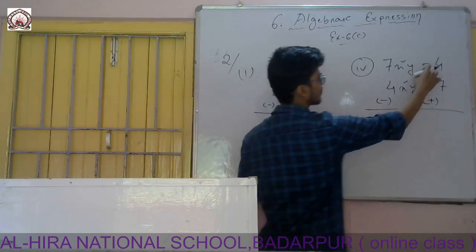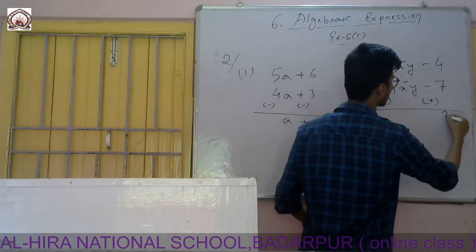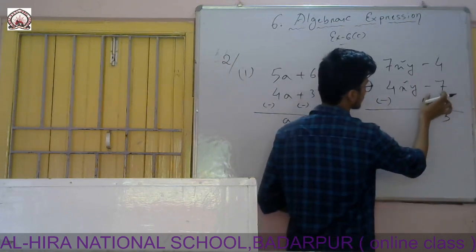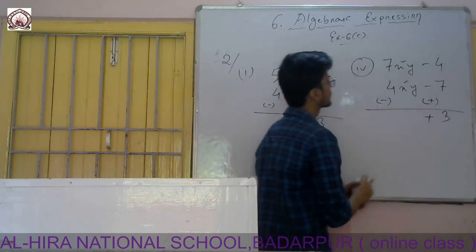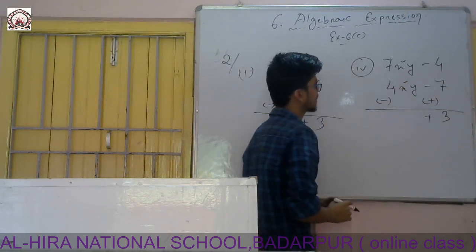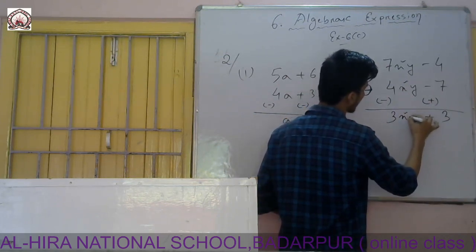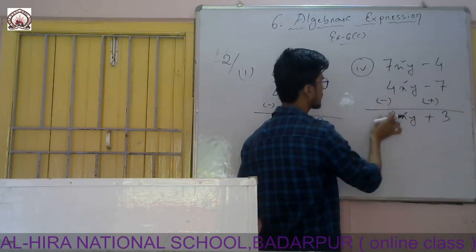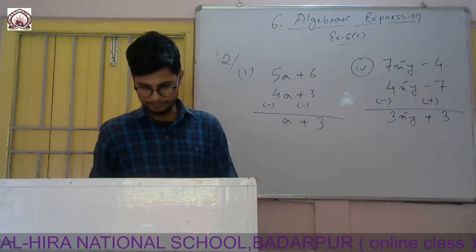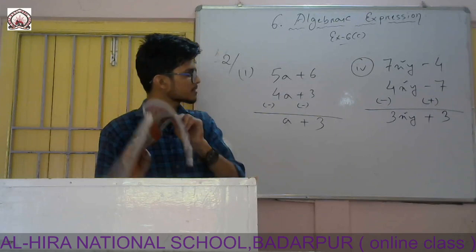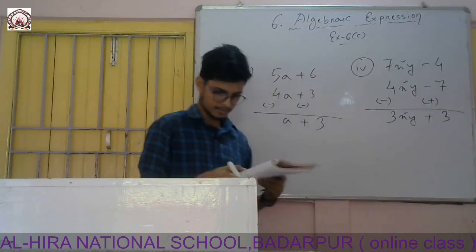So minus plus it is minus. 7 minus 4 is 3, and since 7 is greater, I will put plus sign. Again plus minus it is minus. 7 minus 4 is 3. X square y, the variable will be the same. 7 is greater, so plus sign. So 3x square y plus 3.